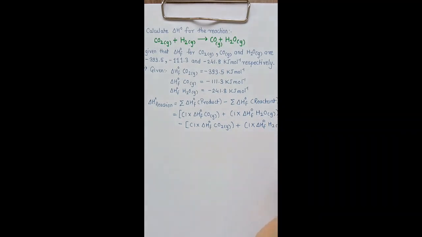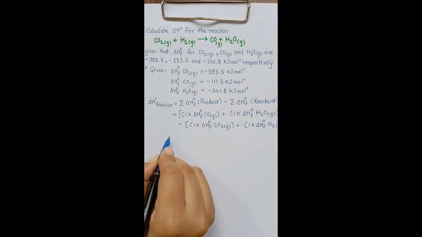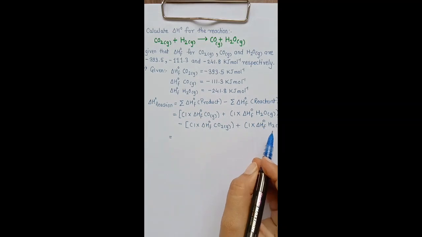You might be thinking that delta HF naught of H2 is not given, but you have to remember that enthalpy of formation of any pure element is taken as 0. So that means delta HF naught of H2 is 0.